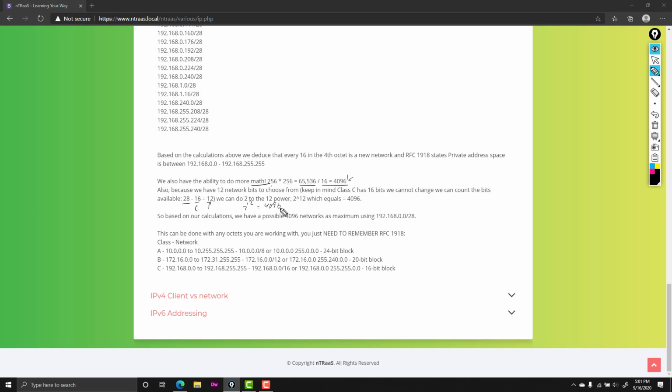Once again, based on our calculations, we have 4,096 networks as a maximum using 192.168.0.0/28. Now keep in mind, this can be done with any of the octets you are working with, but you need to remember RFC 1918.